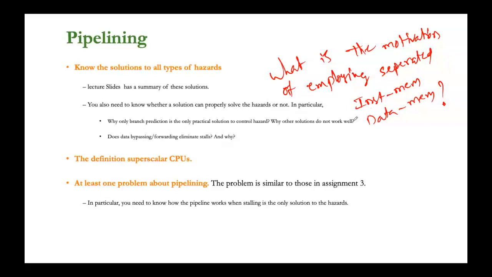During the lecture discussion, we have seen that an L1 cache is used for your instruction memory, and another L1 cache is used for your data memory. So one L1 cache is separated into two parts.